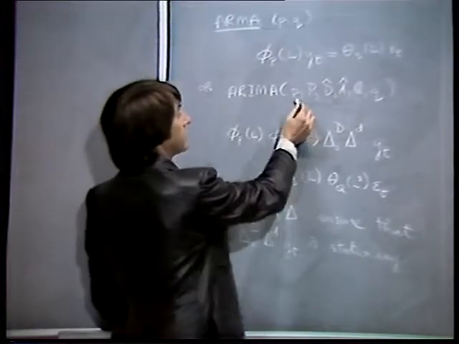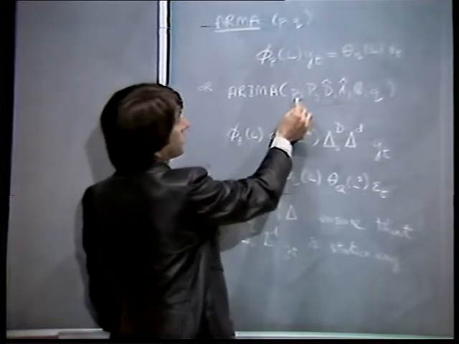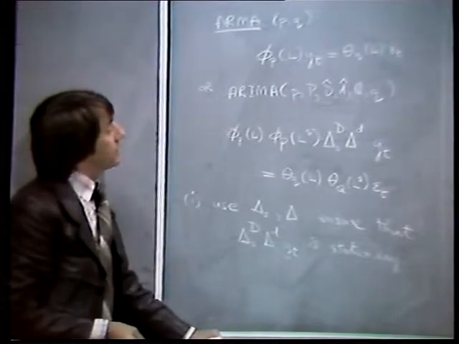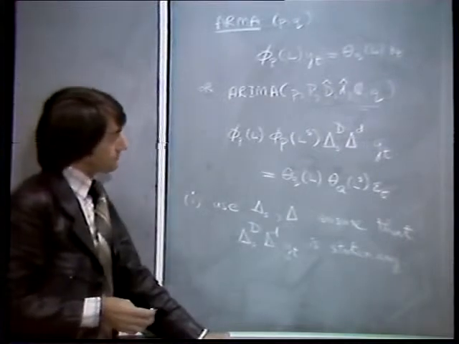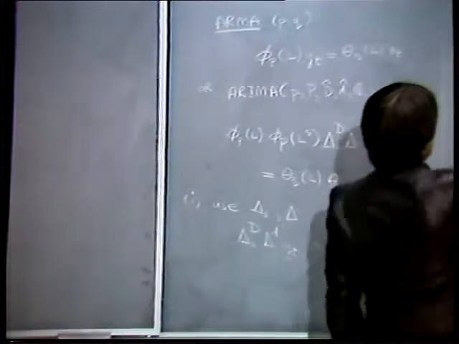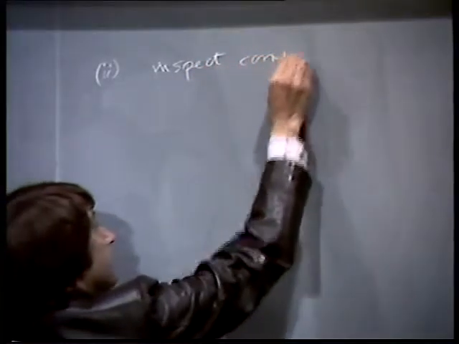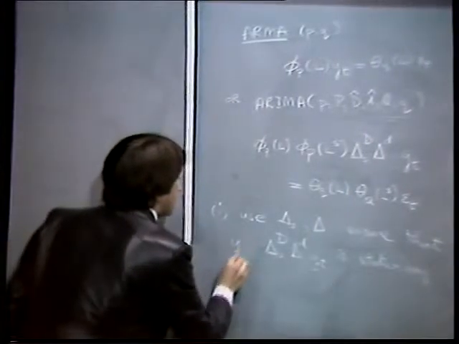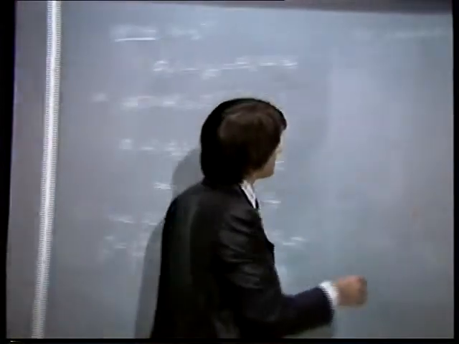What we have to do now is determine the autoregressive parameters, the straight autoregressive small p, the order of the seasonal autoregressive capital P, and similarly for the moving average orders. So we inspect the correlogram for, and let's now denote by yt star, that difference variable.